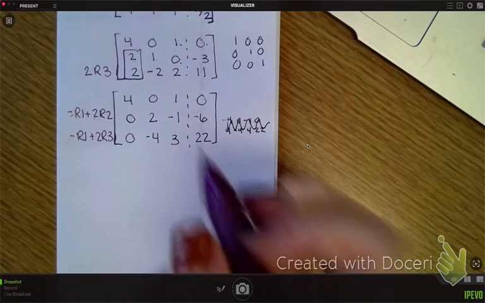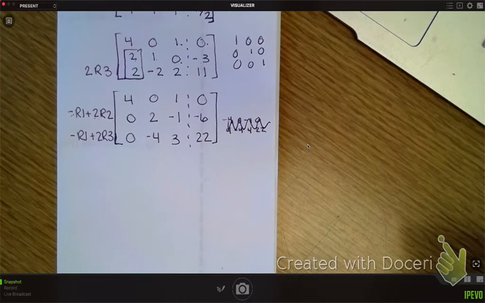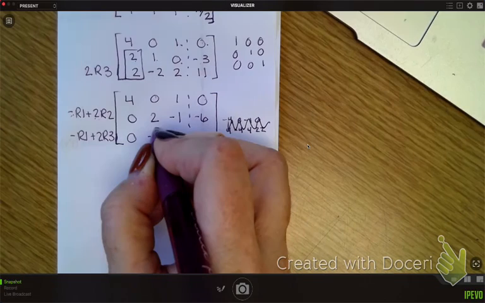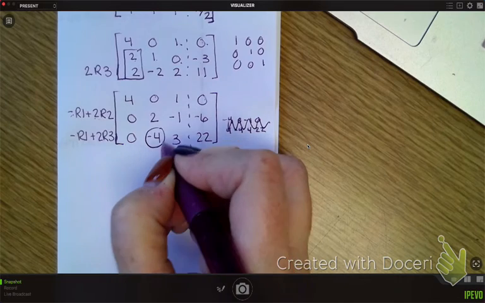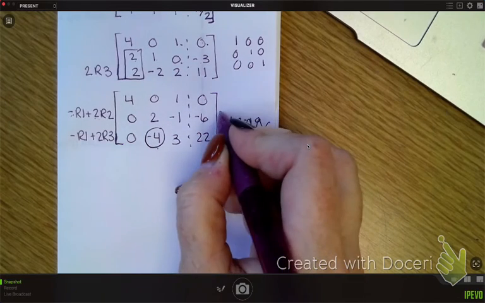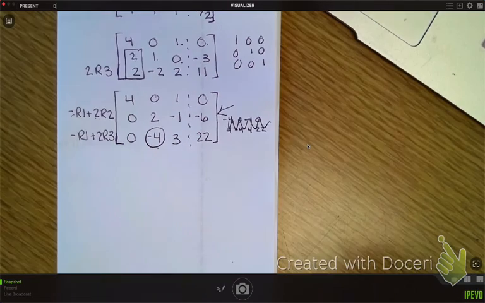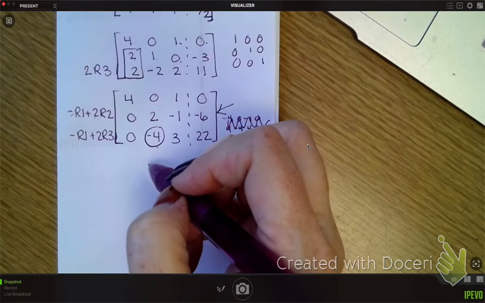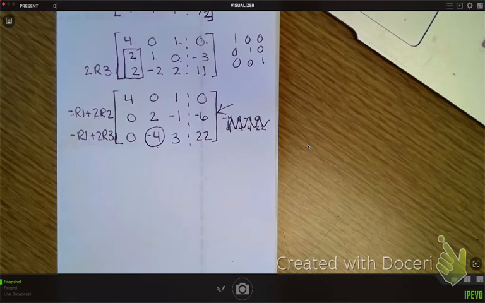Okay, so I got my zeros, yes? So I need to zero out what? Negative 4. So negative 4 is in the second column, so I need to be using what row? Second row. So one's positive, one's negative already. Awesome, right? And now what is the smallest number that both of those go into? 4. So times the 2 by 2.